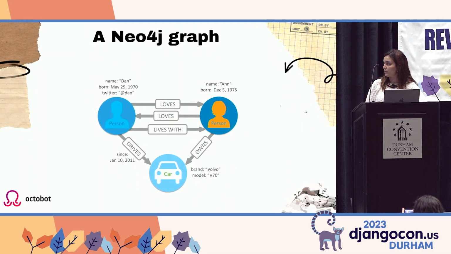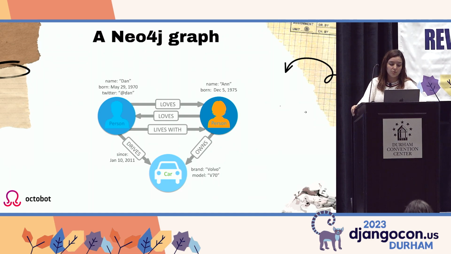So what does this look like? The data model for Neo4j is something called a property graph. Apart from defining the nodes, which in this case are person and car, we have to define some attributes. These attributes can be a string, a Boolean, or a numeric.